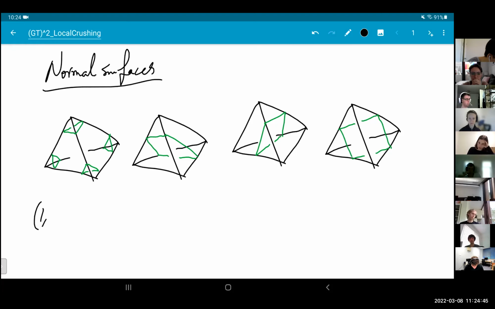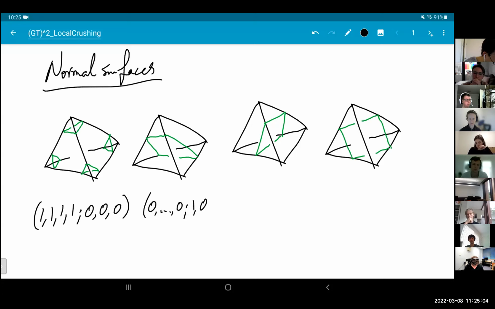You just write down a vector with 1, 1, 1, 1 that says there's 1 triangle of each type, and 0, 0, 0, which says of the 3 quadrilateral types, we don't have any of them. Then you have zeros for all the triangles, and say 1, 0, 0, and then 0, 1, 0, etc.